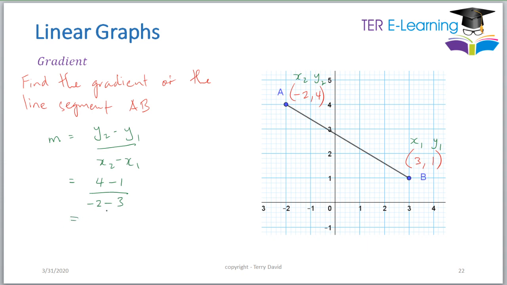So 4 minus 1 is 3, and -2 minus 3 is -5. Therefore the gradient is equal to -3/5. Some of you got that. You need to be careful with how you're doing your subtraction.